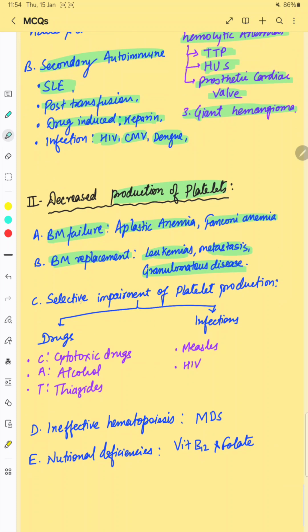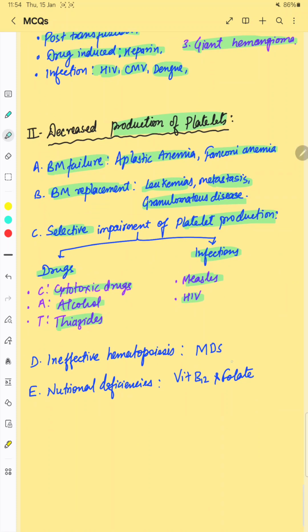There may be selective impairment of platelet production, which is seen with some drugs like cytotoxic drugs, alcohol and thiazides, and some infections like measles and HIV.